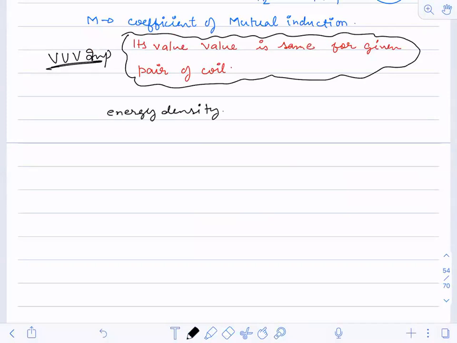It just came into my mind because one student had asked about that relation. So it is derived over there: energy density is B square by 2 mu naught. This is the relation for energy density.